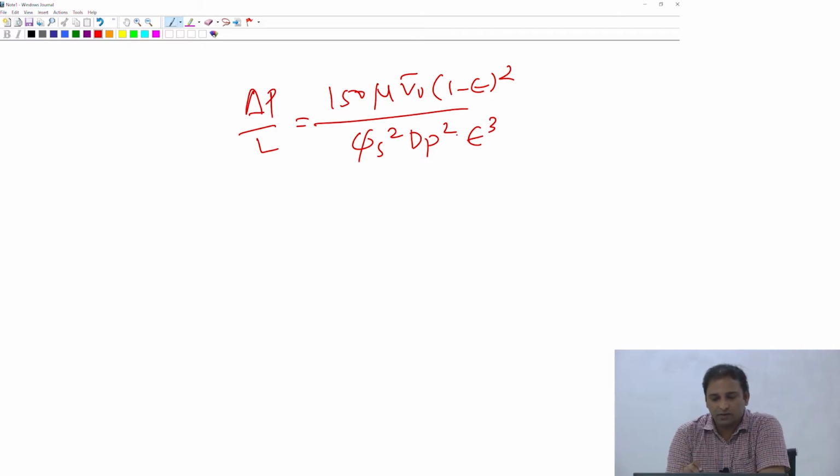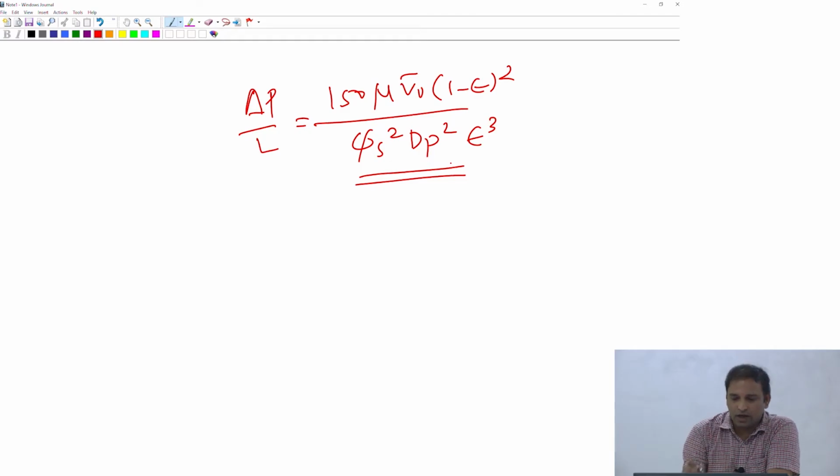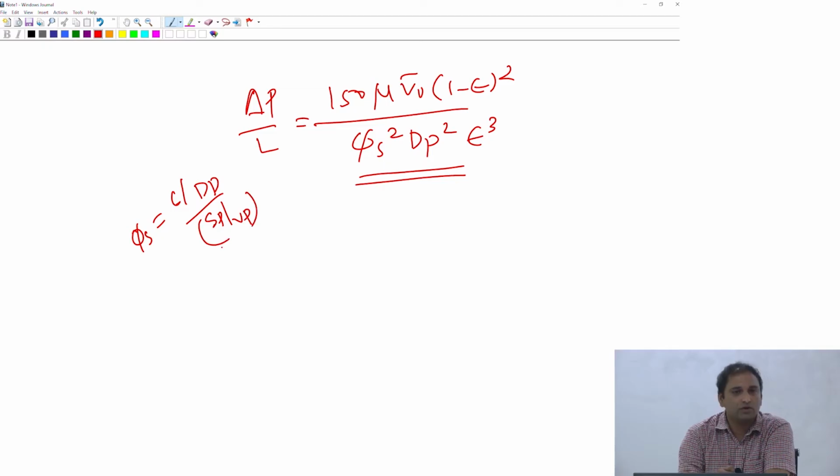Now if you look at this, your phi s square into dp square, I'll go back to the definition of sphericity, where we said phi s is 6 by dp divided by sp by vp, right? Therefore phi s into dp is going to be 6 divided by sp by vp, where sp is the surface area of the particle and vp is the volume of the particle, right?